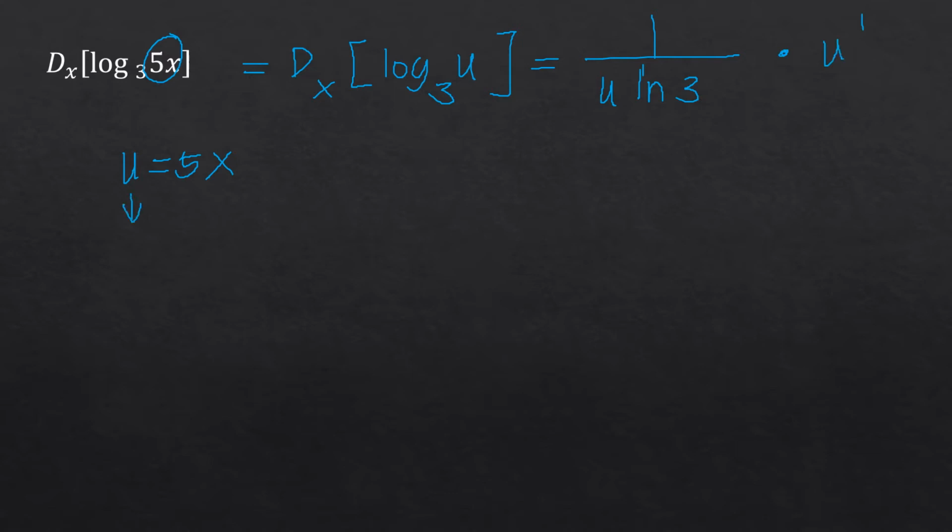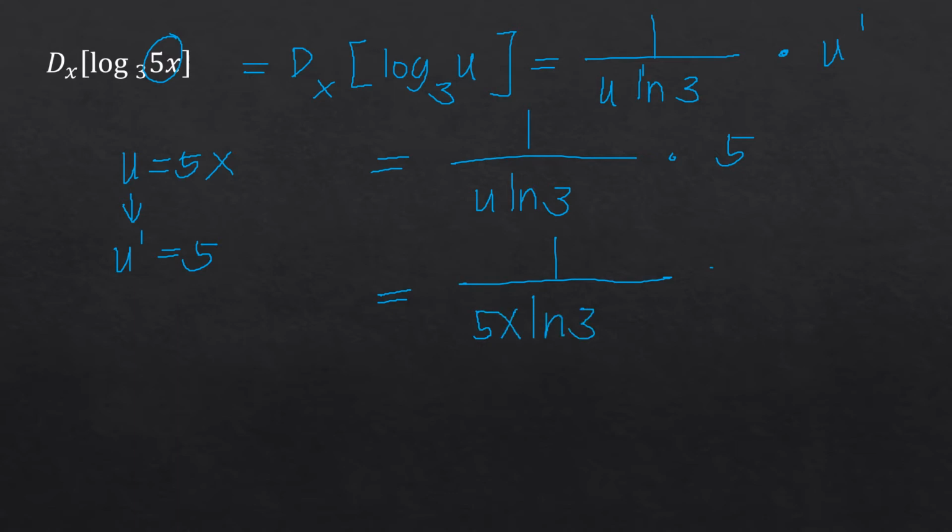So the derivative of u here is equal to 5. So that will now be equal to 1 over u ln of 3 times 5. Now, palitan ng u ng 5x, so we have 5x ln of 3 times 5. But we can observe here that we can cancel out 5 here. So our answer will now be 1 over x ln of 3.